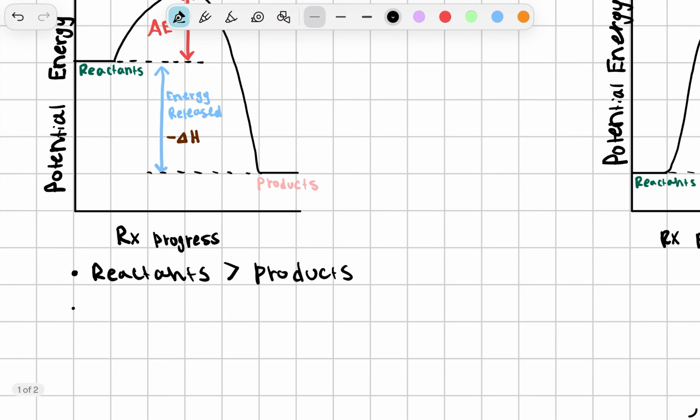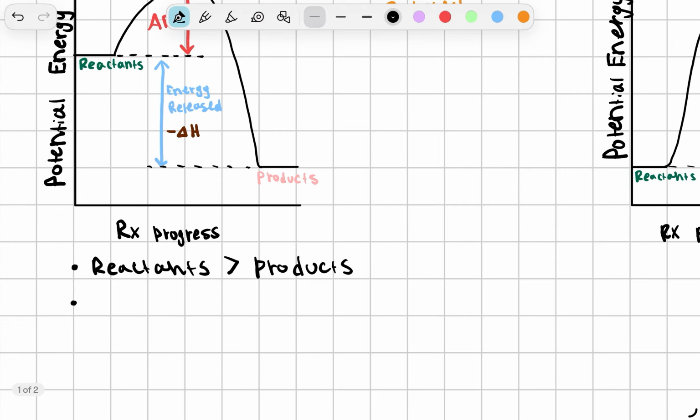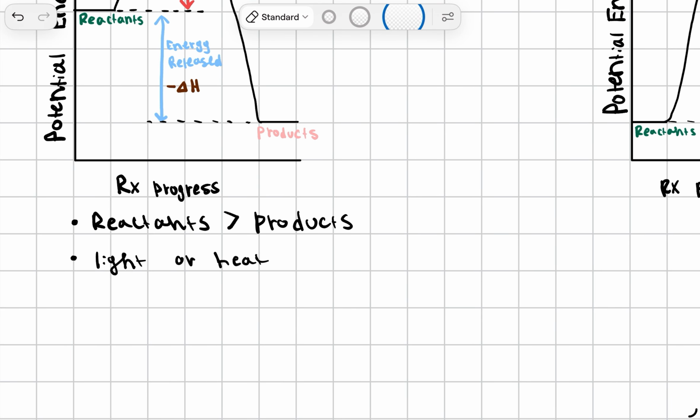And how can we tell, if we do an experiment, if an exothermic reaction has occurred? Well, we may see light is produced or heat is produced. So an exothermic reaction occurs when the energy released by forming new bonds is greater than the energy absorbed to break existing bonds.